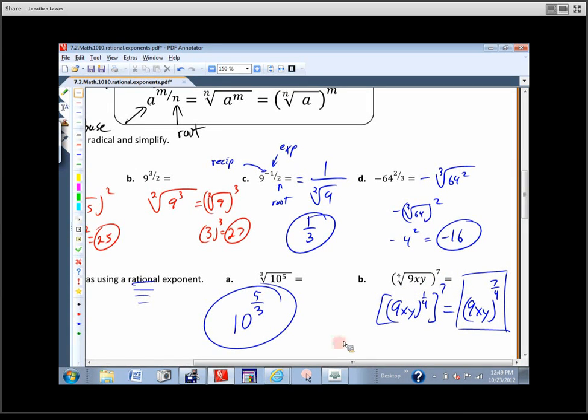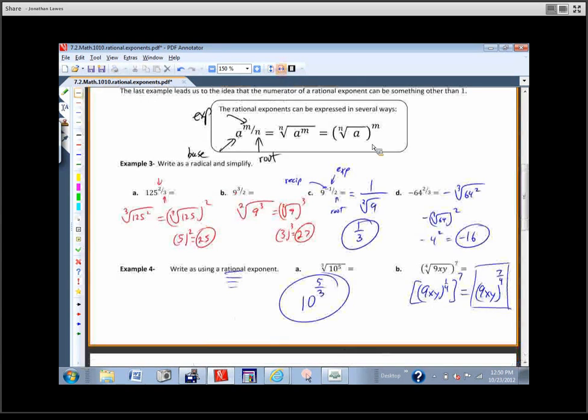This might be a little bit tricky. What if we had a z out front, and then we had the 4th root of 9xy, and we raised all of that to the 7th? Then it would be z to the 7th, and then a parentheses 9xy raised to the 7/4. Okay? Just got to be careful about what it applies to, and that's why those parentheses, like we've talked about, are really important. Okay, good?